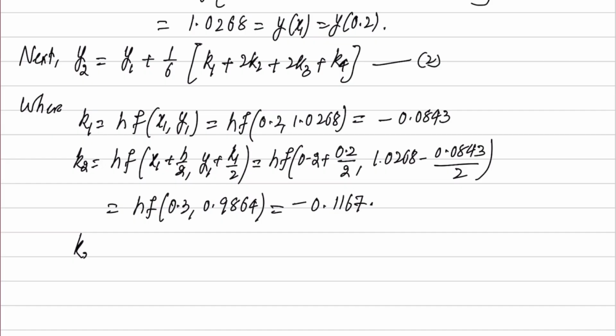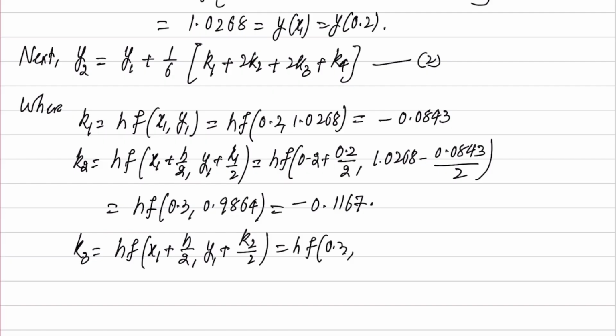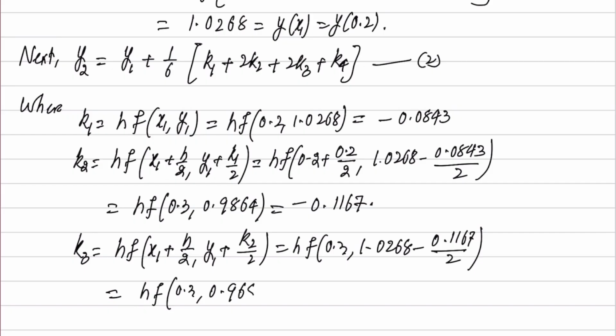Now on similar lines, we can have k3 as h f of x1 plus h by 2, y1 plus k2 by 2. So this becomes h f of 0.3, now y1 is 1.0268, then minus 0.1167 divided by 2. Now calculating all these, we get h f of 0.3, 0.9684.